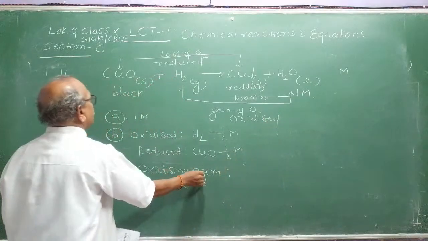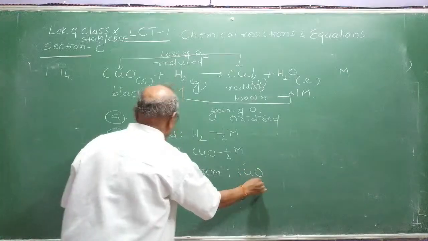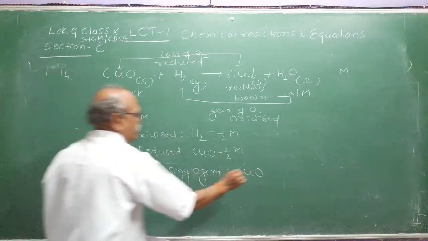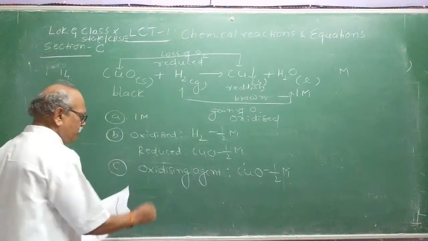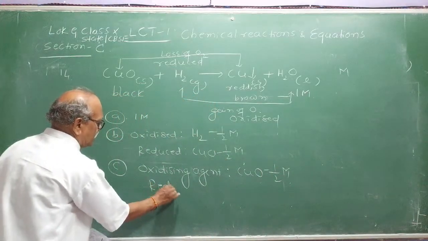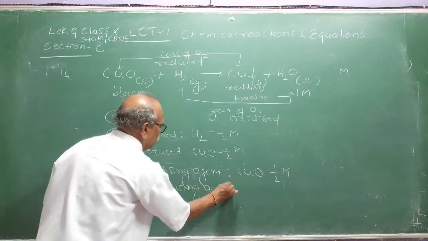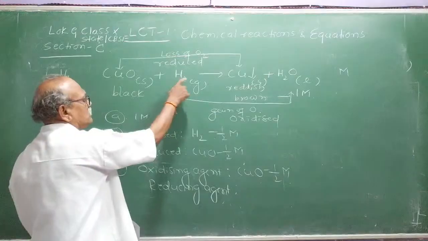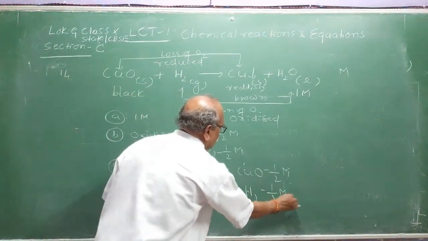Generally, oxidizing agents themselves are reduced. Therefore, the correct answer is cupric oxide. For this, you will get half mark. And the reducing agent, as I told you in the last class, is the one which itself undergoes oxidation, which is hydrogen. That's all the paper, my dear students.